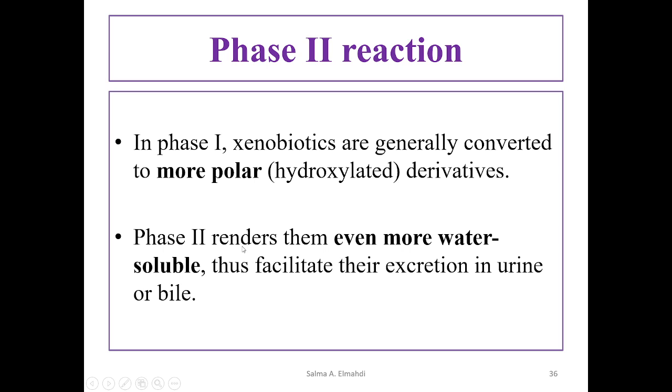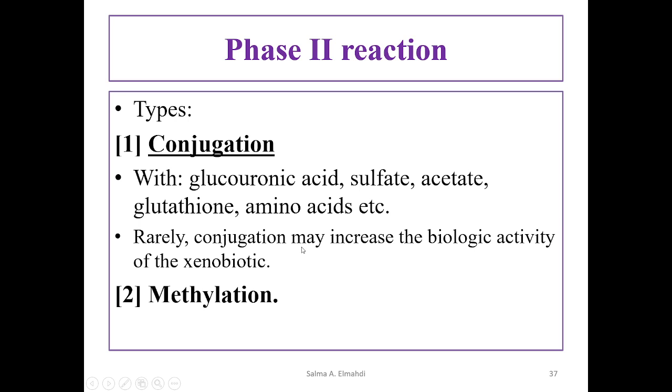Phase 2 reactions of xenobiotic metabolism are generally involved in converting a xenobiotic into a more polar form. Phase 2 renders them even more polar than the hydroxylation or phase 1 reaction has made them, and this will facilitate excretion in urine or bile.